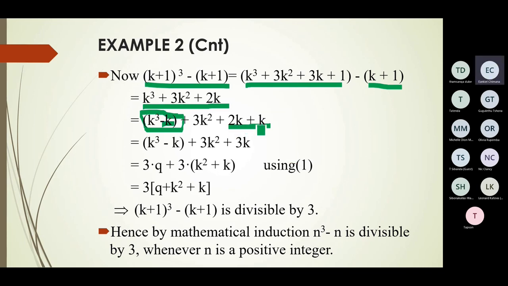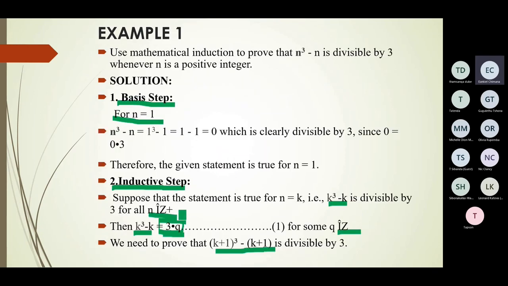If we add these two, we get a 3k. So here we can also factorize this one, where we can factor out 3. So we end up having 3 times k squared plus k. And also from the equation that we formulated, we know that k to the power 3 minus k is equal to 3q.